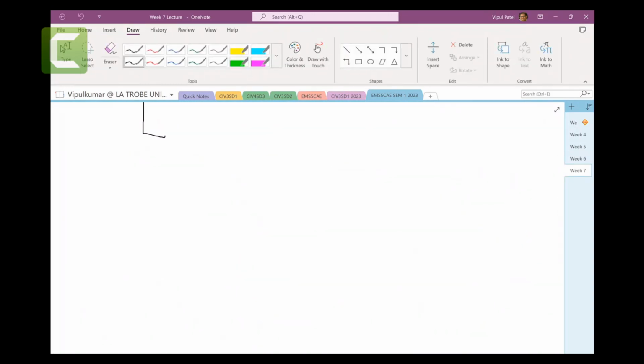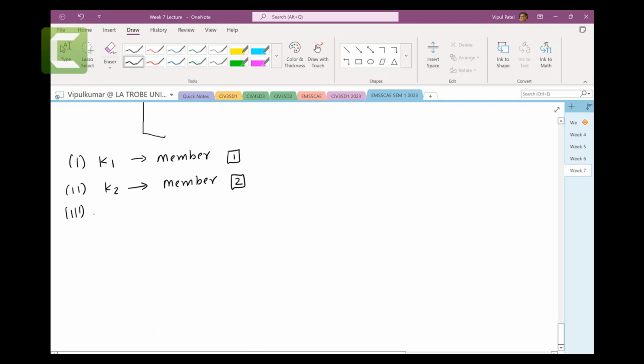Now I can remind you that the process is: we need to get the small k1 for member number 1. That we already did. We get k2, that is for member number 2. That we already got. Third, we get capital K equal to k1 plus k2. That we did. Now the next one we're going to do is get the displacement matrix and the Q0 matrix.